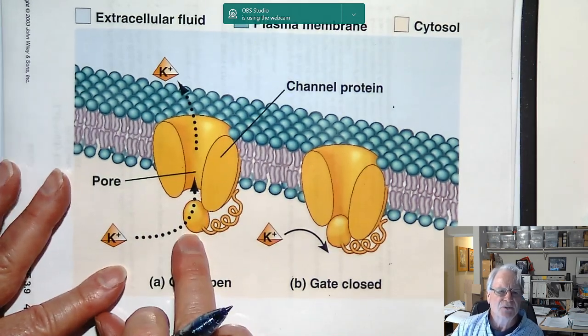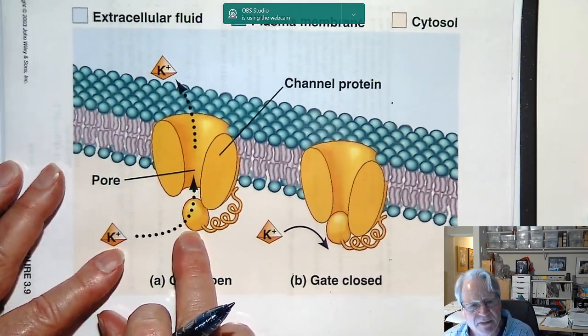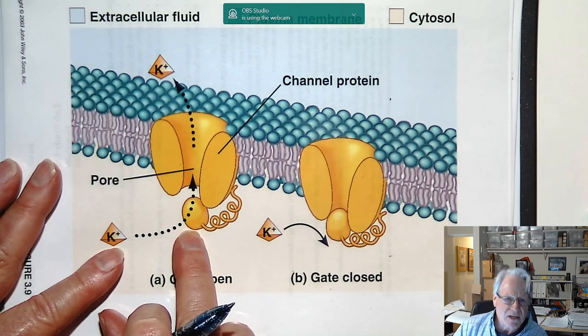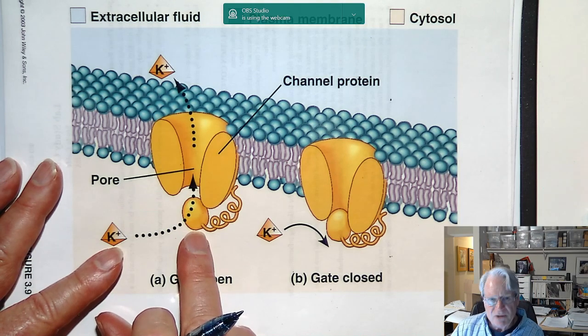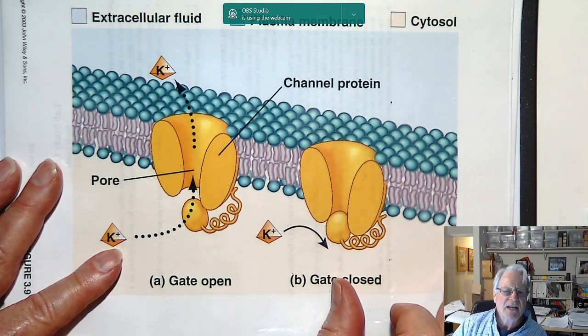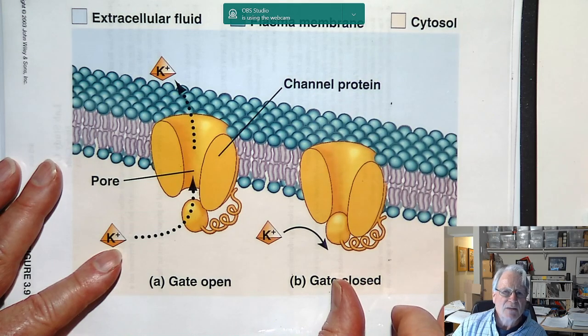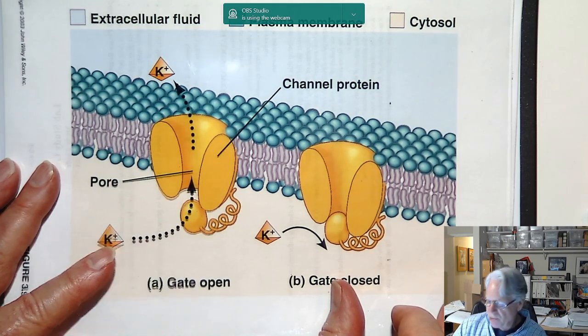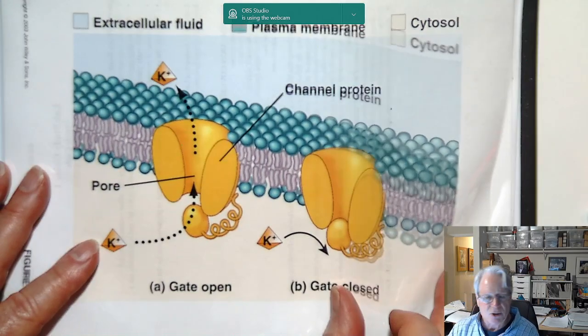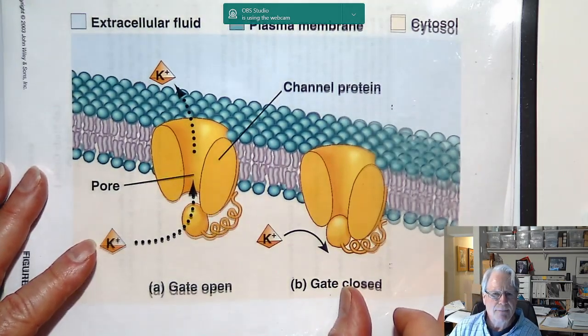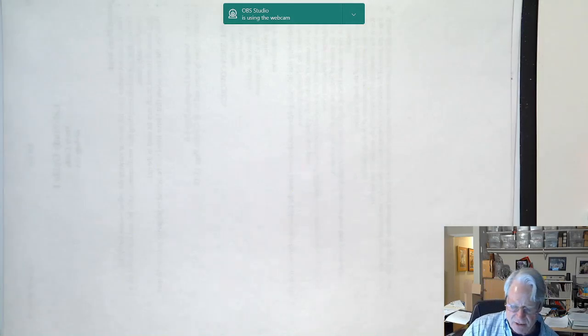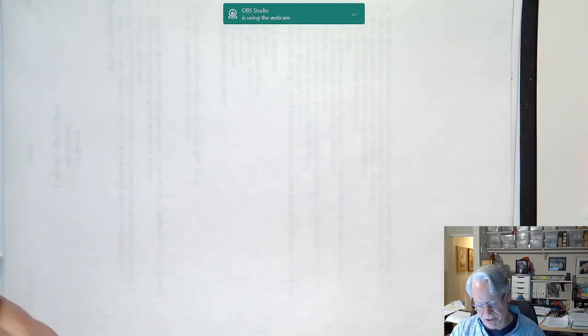In fact, you're going to run into this and have to understand it in some detail when you get to 40B and look at an action potential in a neuron. So let me draw a very quick picture to help us understand what we mean by this electrical charge gradient across the membrane either opening or closing one of these gated ion channels. I'm going to give you two scenarios.